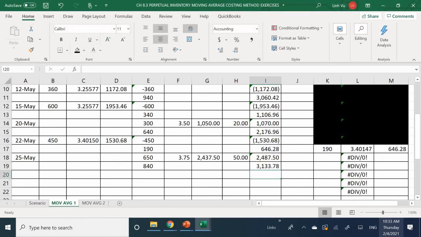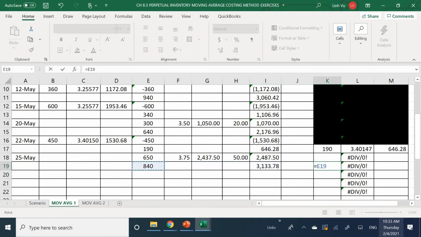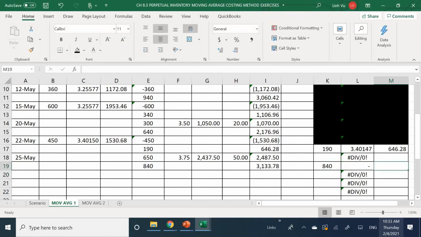Okay, it should be 3,133.78. Okay. And again, we're going to bring this over. So what is my new average cost per item going to be? $3.73 is mine. Good.